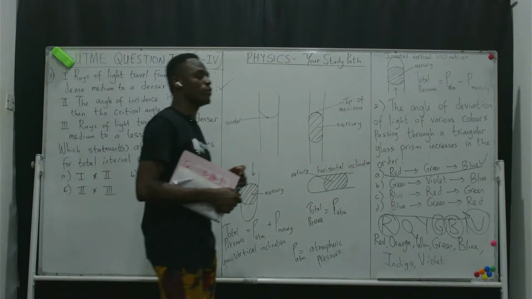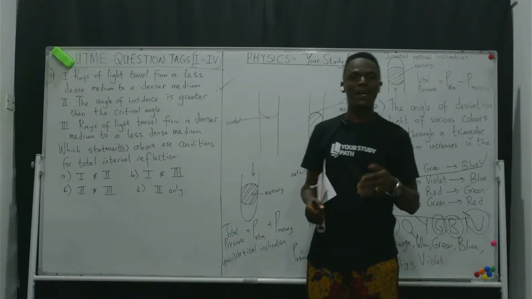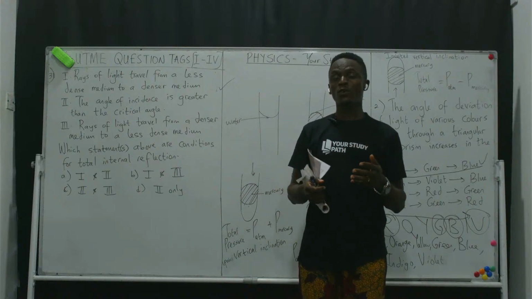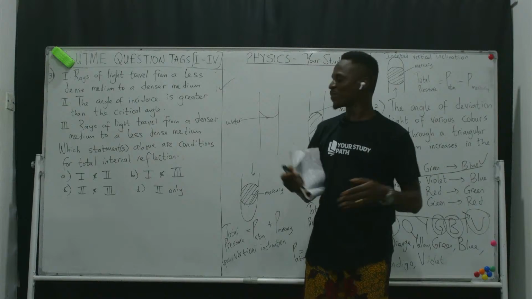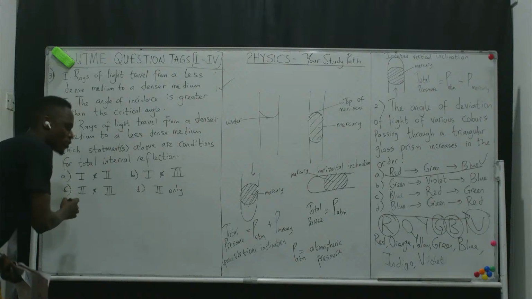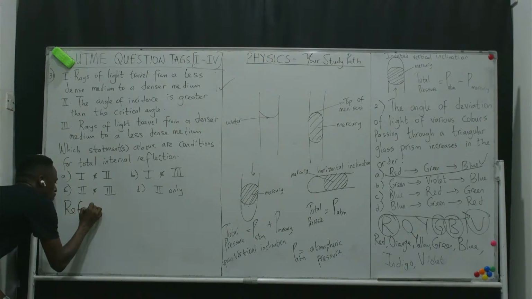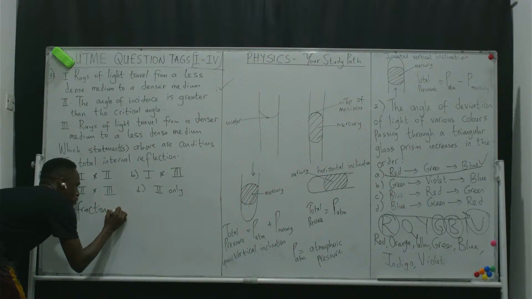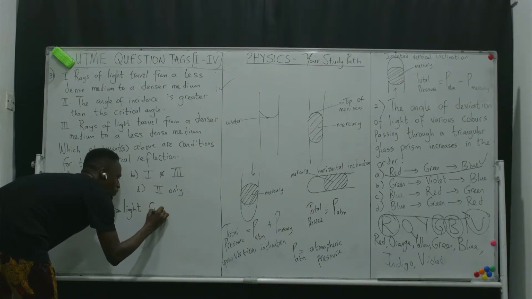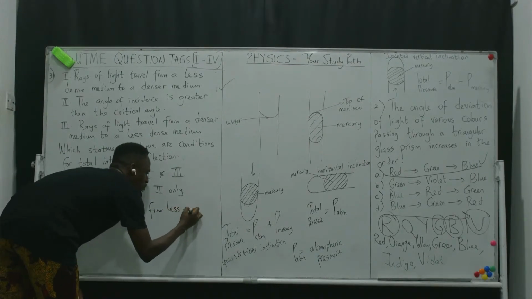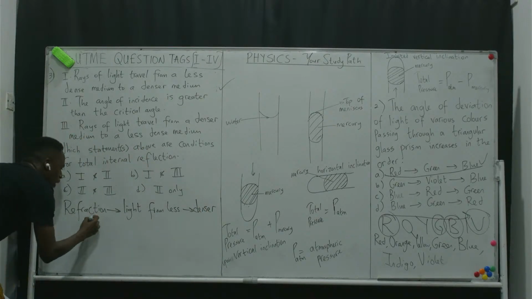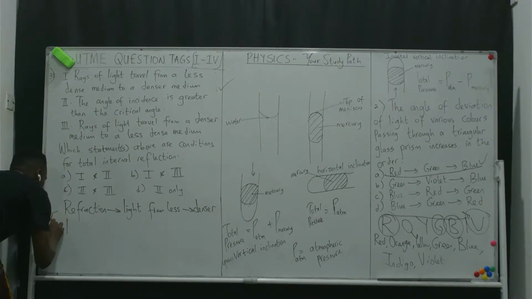This is only asking you to differentiate between refraction and total internal reflection. What's the difference? For refraction, it's always such that you have light from less dense to denser.